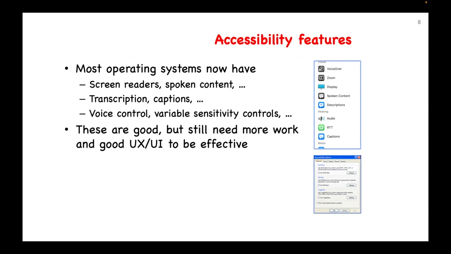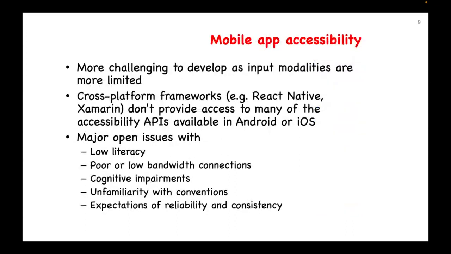Okay, so most operating systems have now got screen readers, spoken content, transcription, captions, and so on, voice control, variable sensibility controls, and so on. They're good. That's fine. Not everything's perfect, but we're in a lot better position than we were 3-5 years ago.